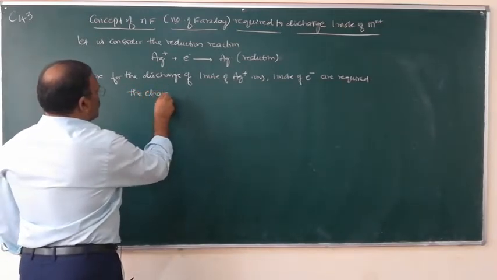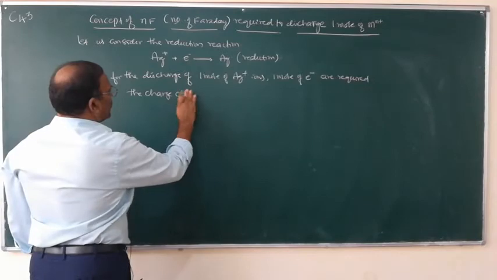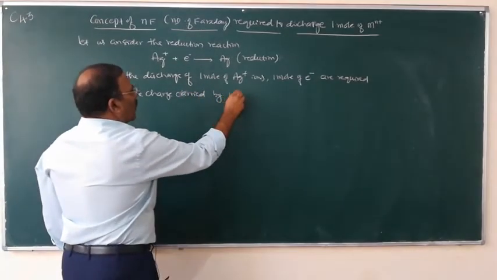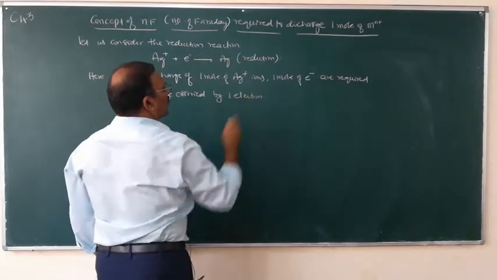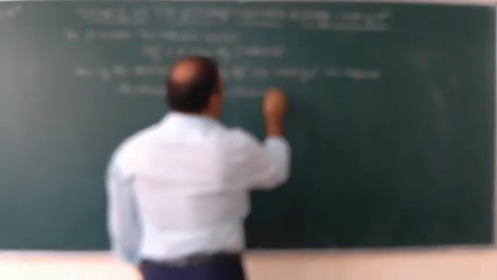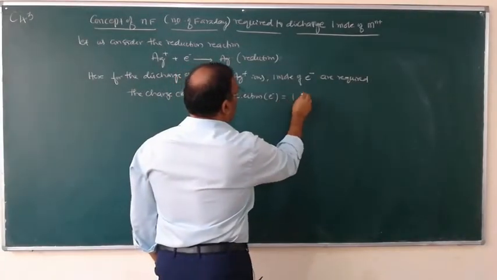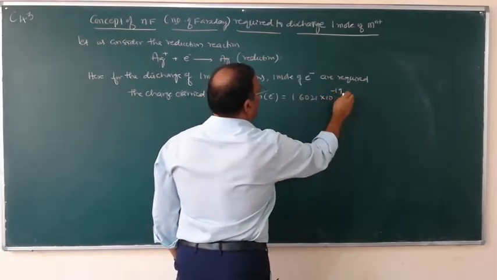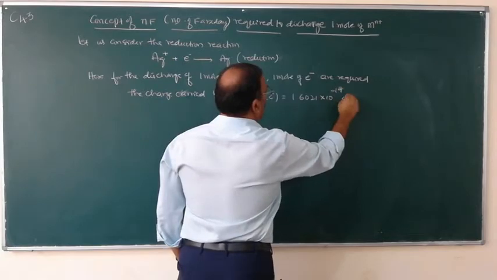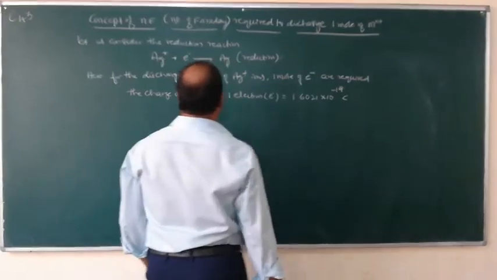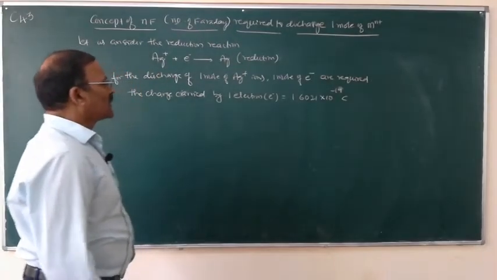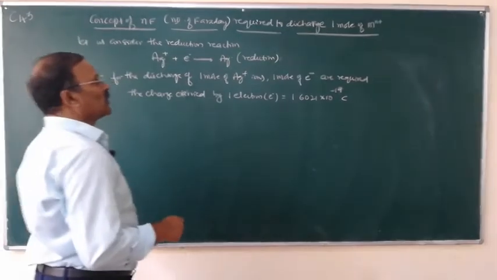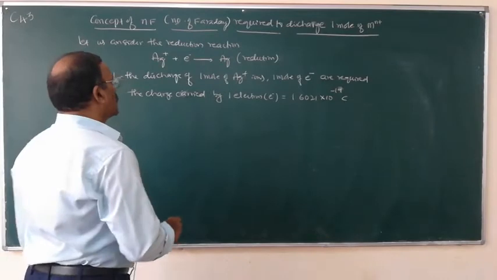Next, the charge carried by 1 electron is equal to 1.6021 into 10 to the power of minus 19 coulombs.